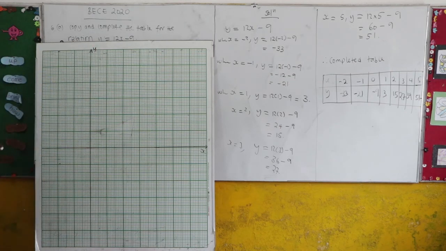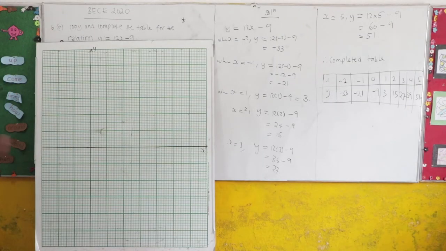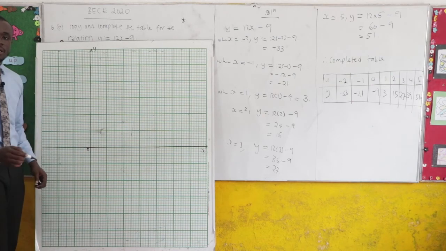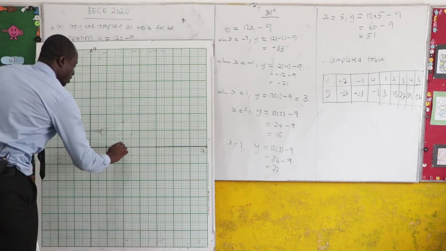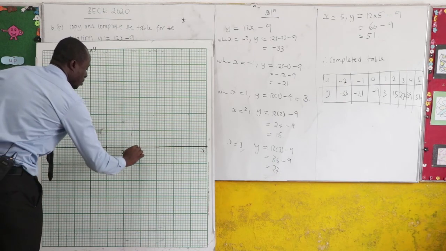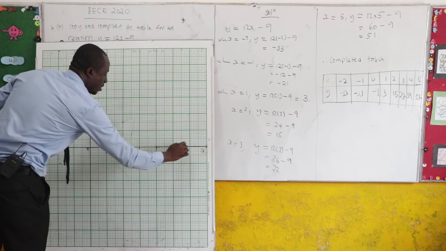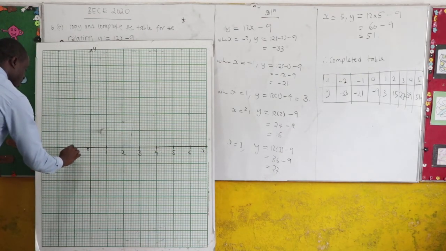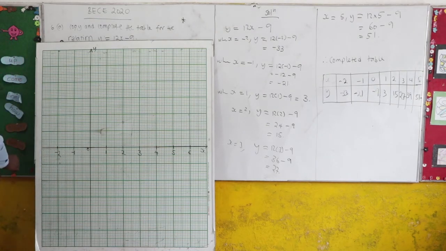So we have our x-axis and then our y-axis. So now let's calibrate it. So here, this is 0. So 2 centimeters is to 1 unit on the x-axis. So here, this is 1. We have 2, 3, 4, 5, 6. Now this we have negative 1, negative 2.